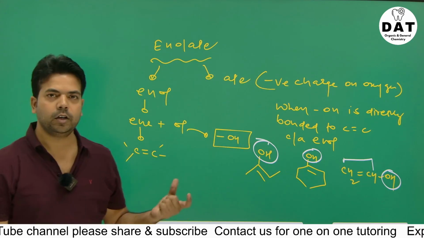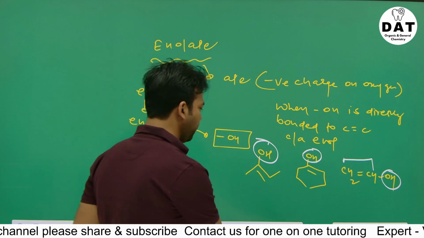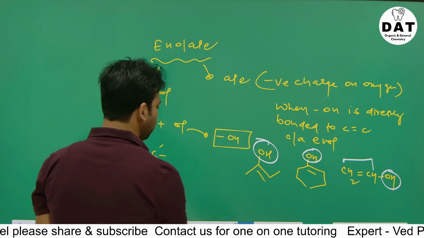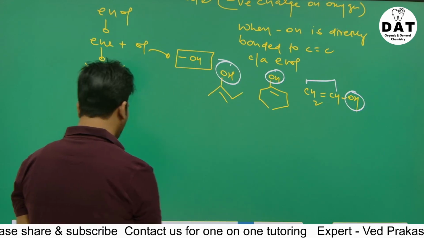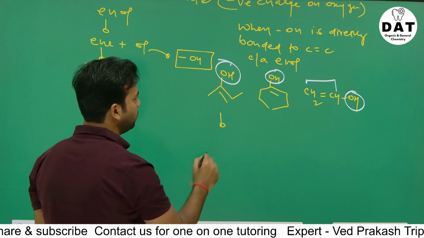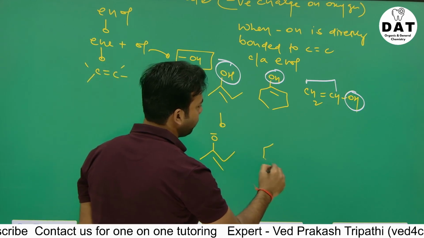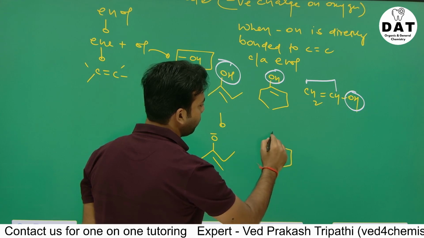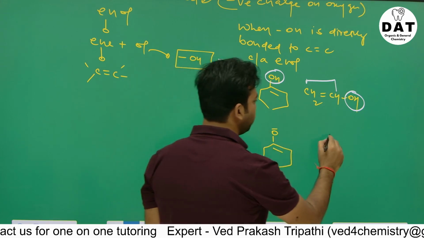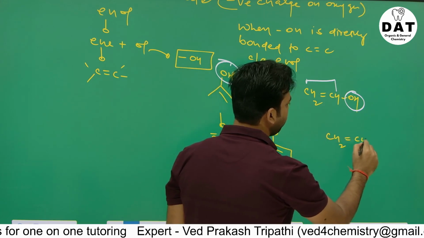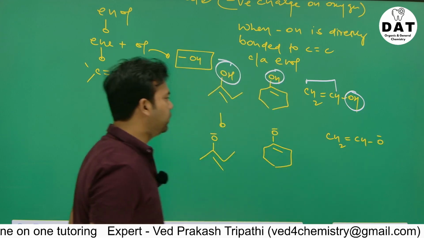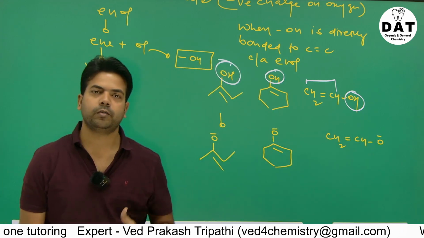So they are enol. And what is enolate? Enolate means if you are going to remove the hydrogen of enol, suppose this one, and this one. So this is the enolate, the removal of hydrogen from enol form.